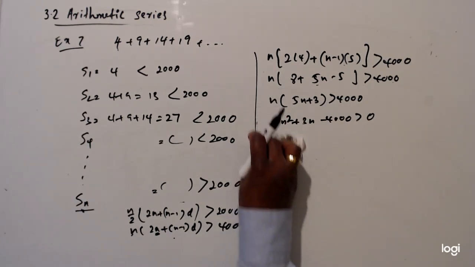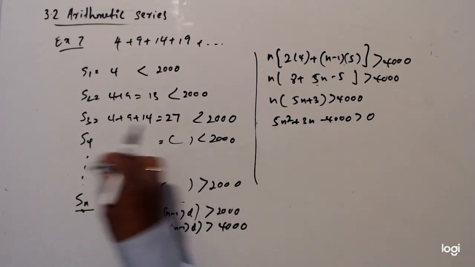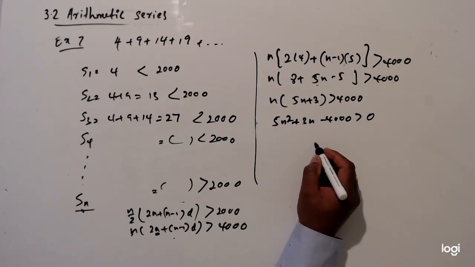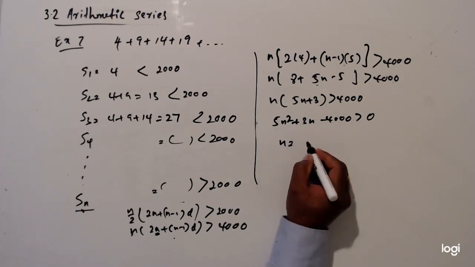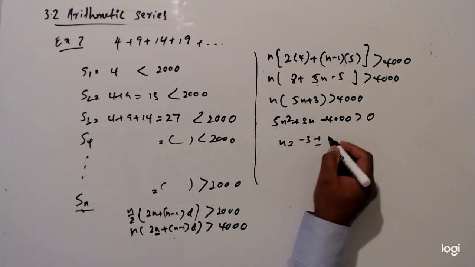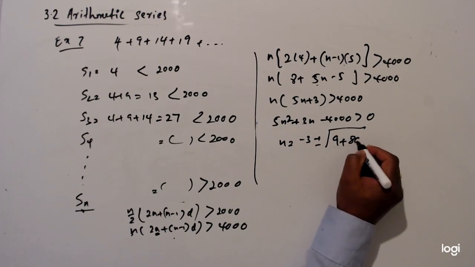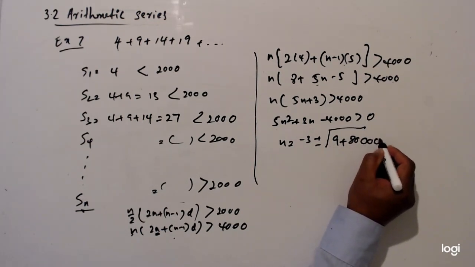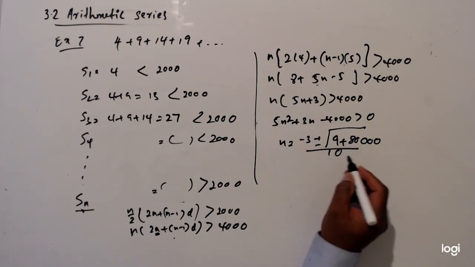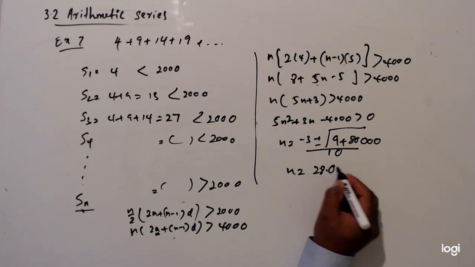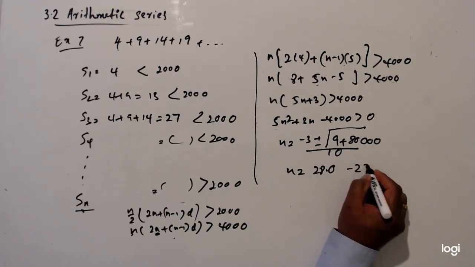So instead of drawing the graph, we can simply use the formula. In the example in the book, they found two answers with the quadratic formula: n equals minus 3 plus or minus the square root of 80,000-something, and they have two options, n equal to 28.0 or minus 28.6.